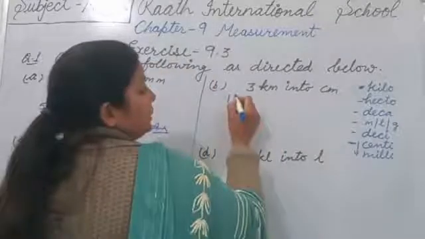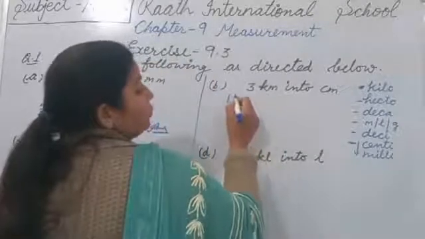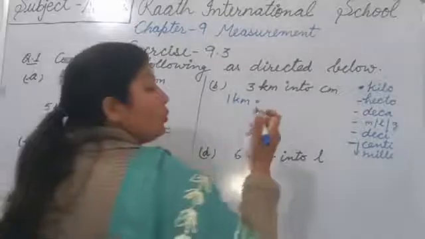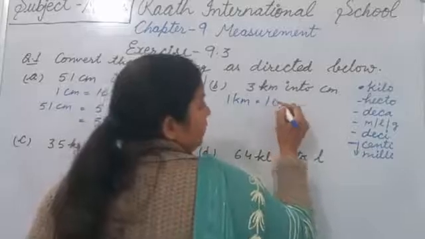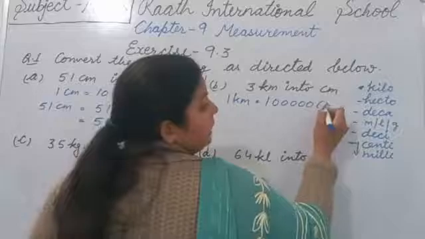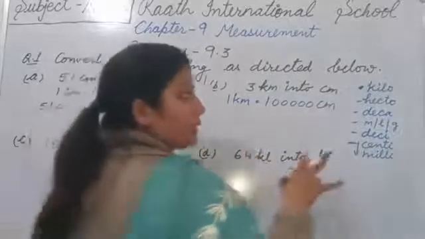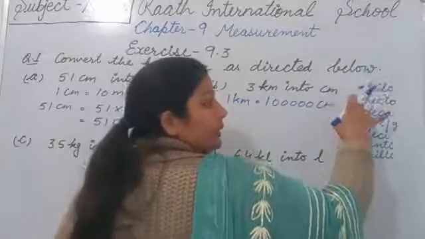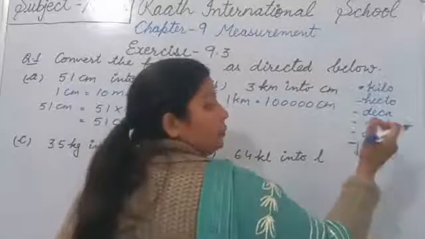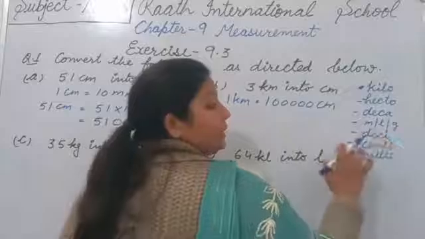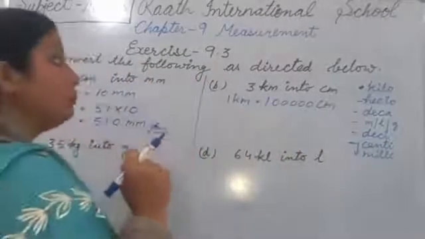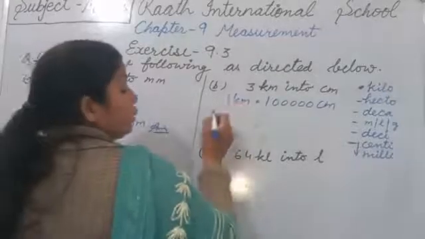So 1 kilometer, the higher unit is kilometer, so with the kilometer we have 1 kilometer equals 1 lakh centimeter. We have to count from here: 1 down 10, then 100, 2 down, 3 down 1000, 4 down 10,000, then lakh. So 1 lakh. Clear?